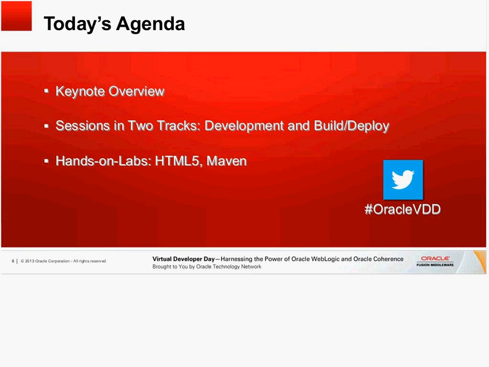There is a Twitter hashtag that goes along with this, OracleVDD, that you can use to tweet your participation and your experience as you go along. We'll see that there are hands-on labs as well. There's an HTML5 mobility lab, and then more on the core development lifecycle, a Maven lab as well. So some great material that you'll be participating in, learning, and working with throughout the day.